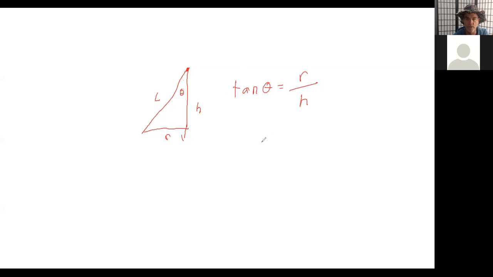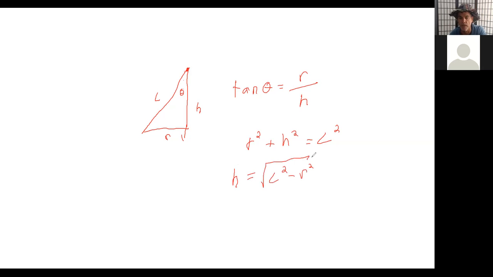And then you can replace h with some function of r and L just from the Pythagorean theorem. You know that r squared plus h squared equals L squared. So then we get h is equal to the square root of L squared minus r squared. That's exactly right.